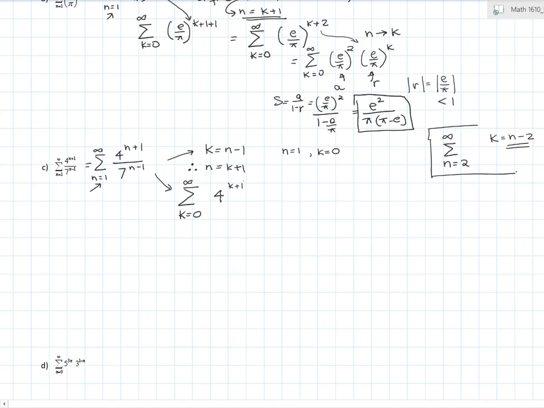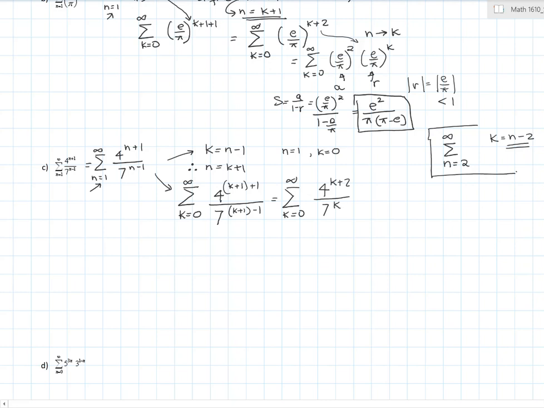So I have k plus 1 plus 1, and in the denominator it would be 7 raised to the power k plus 1 minus 1. So that gives me 4 raised to the power k plus 2 over 7 raised to the power k.